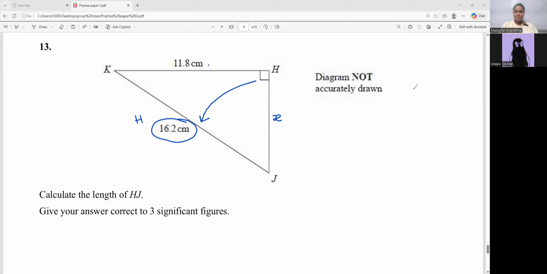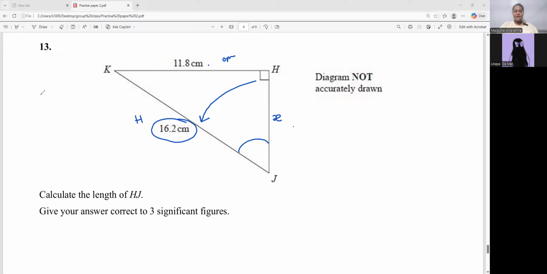Teacher, is KH the adjacent or the opposite? For KH, we don't use sine, cos, tan, so now we don't want to know what is adjacent or opposite. If there is an angle here, then the side opposite to it is the opposite and the other side is the adjacent.